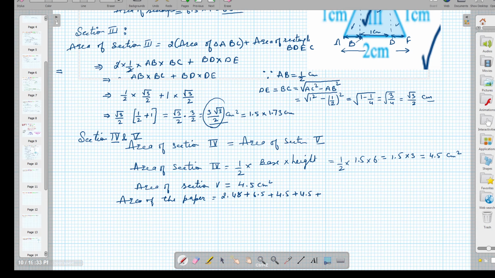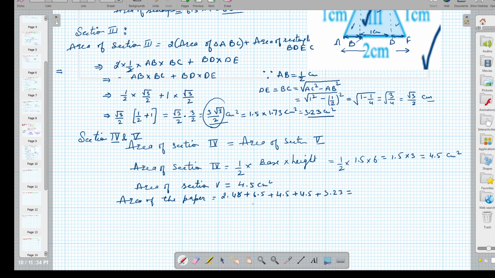So this is in centimeters square. That is equal to 3.25 centimeters square.